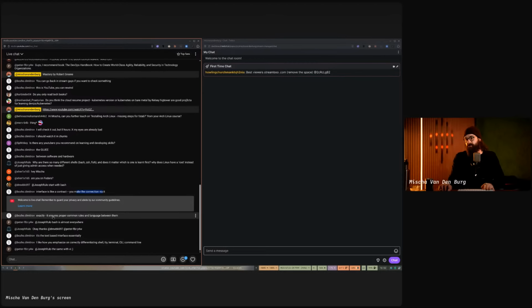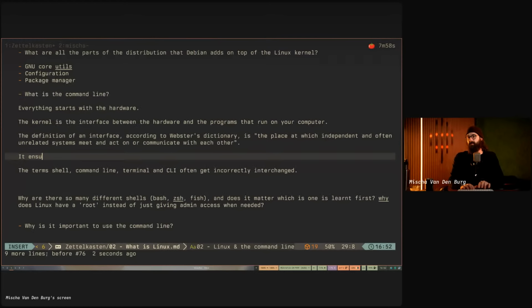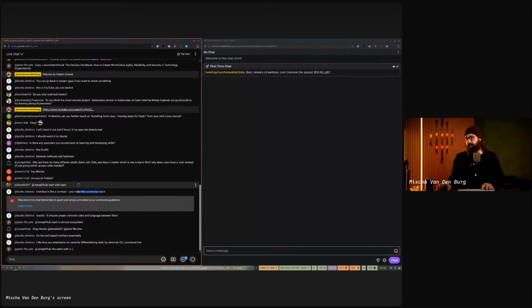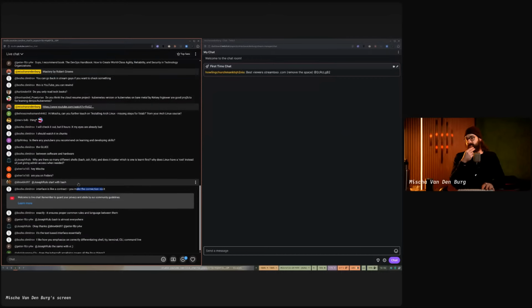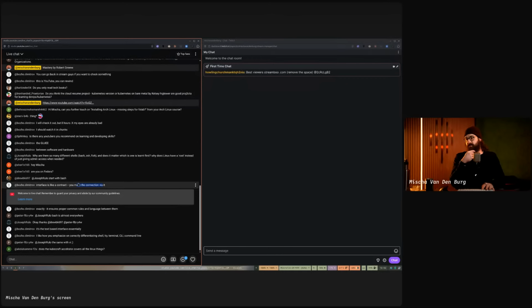It ensures proper common rules and language between them. Yeah, I like that. I'm stealing that. It's the text-based interface. I like to emphasize correctly differentiating the shell.